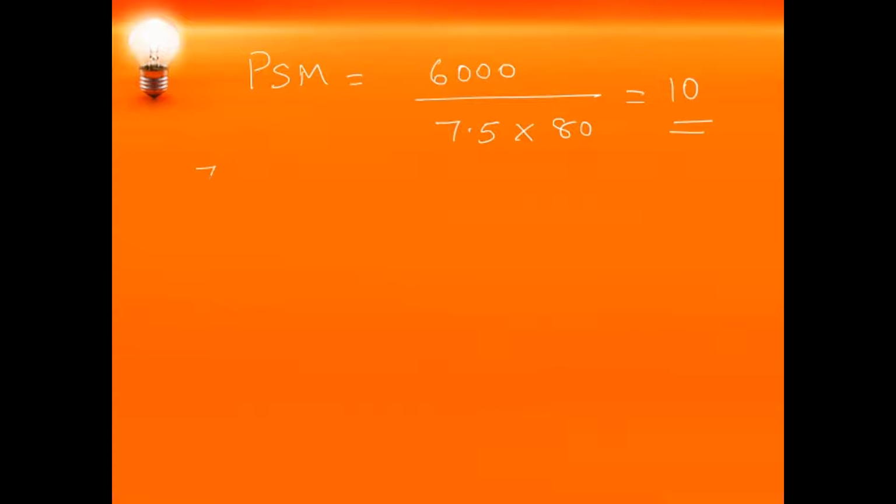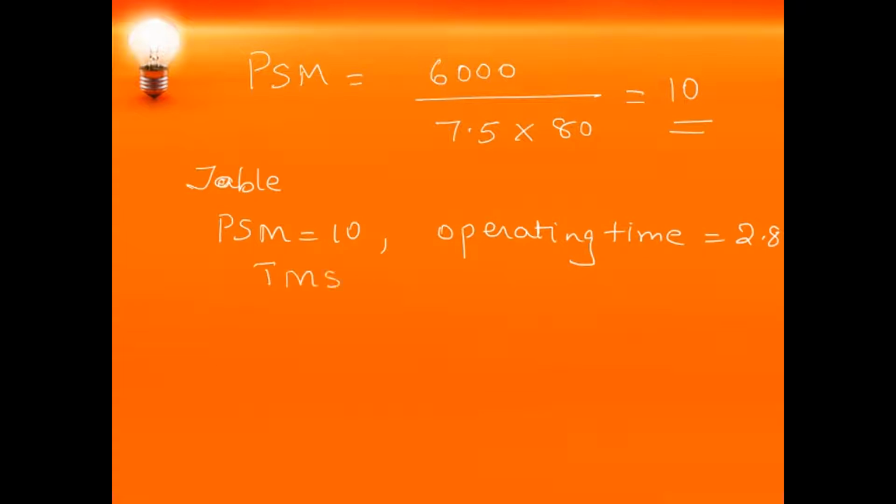So now you have to see the table which is given in the question. Corresponding to a PSM equal to 10, we have operating time given as 2.8 seconds. Okay, 2.8 seconds. This is for which one? This is for TMS equal to 1.